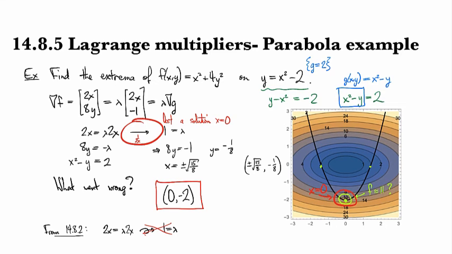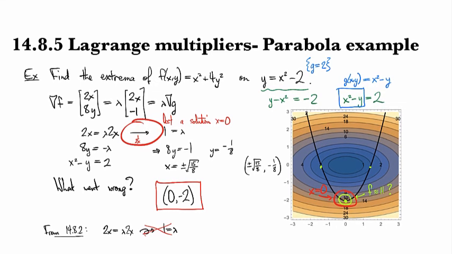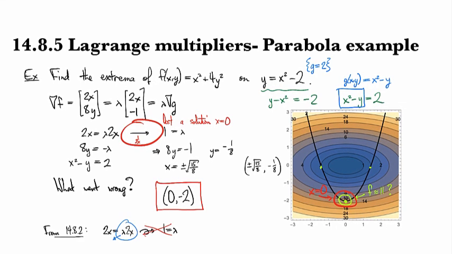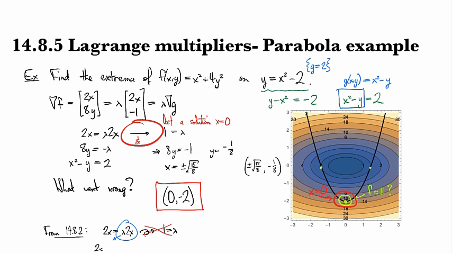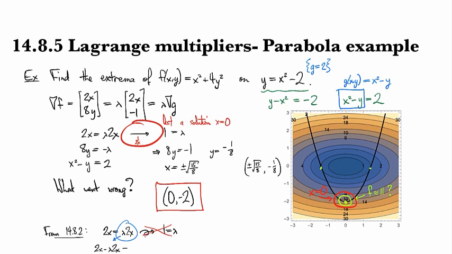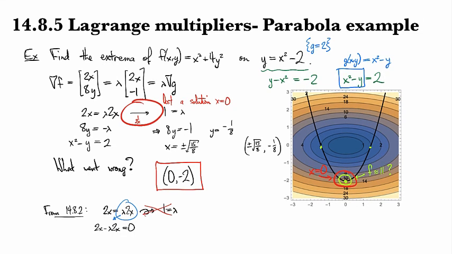Instead, I rewrote it a different way. I subtracted this over to the other side, so it became 2x minus lambda 2x equals 0. And then from that, I could factor out 2x(1 minus lambda) equals 0. So you can see, if I do it the subtractive way as opposed to the division way, then I retain both the solution lambda equals 1, but also the solution x equals 0.